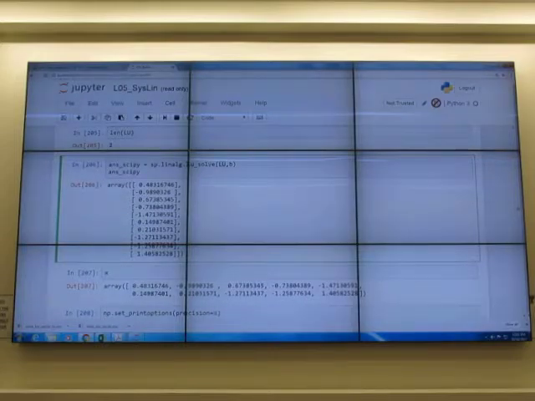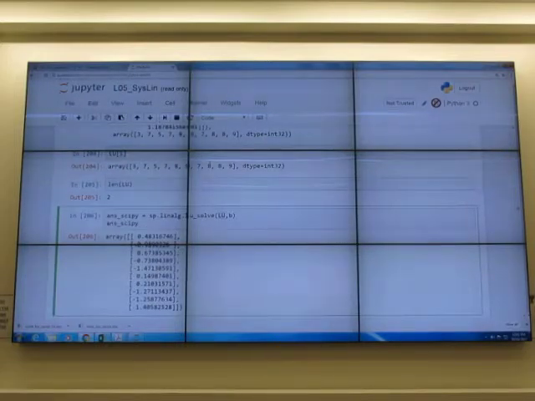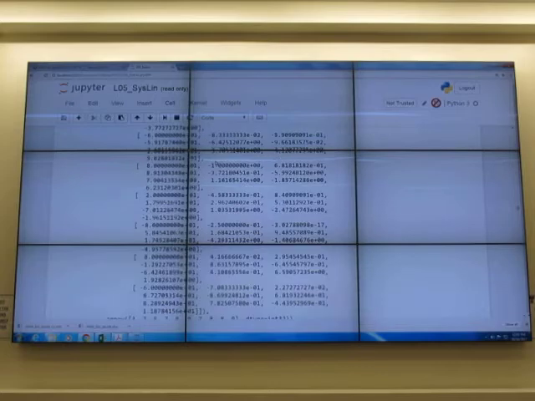So if you want to do LU decomposition with SciPy, step 1, do factorization. Decompose it into PLU first.